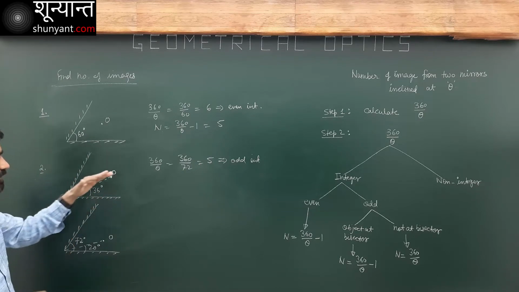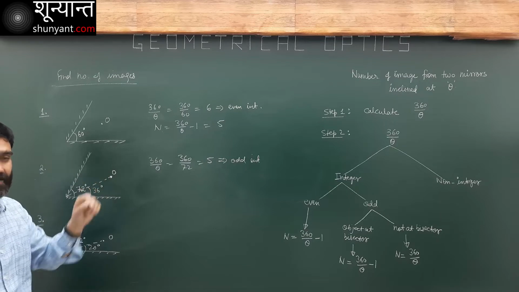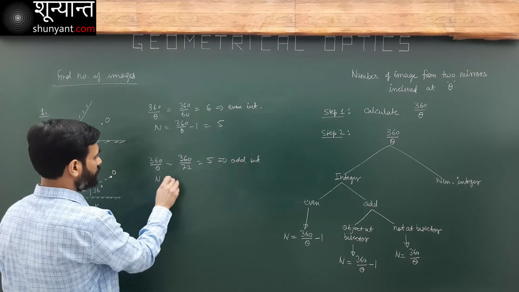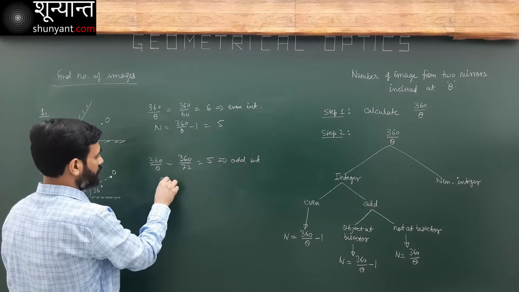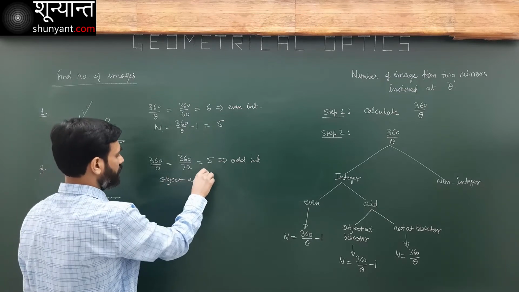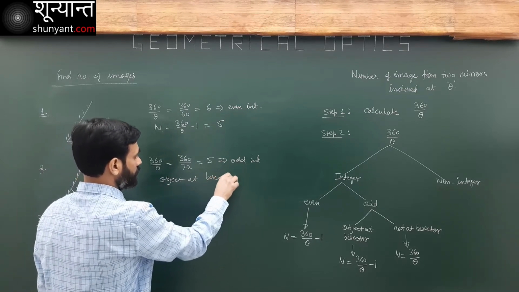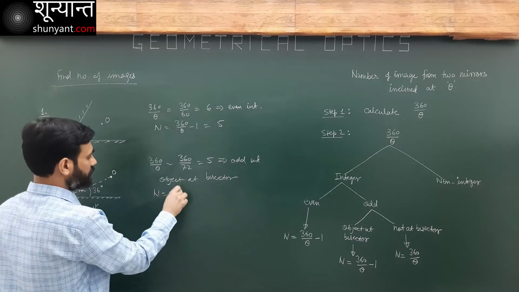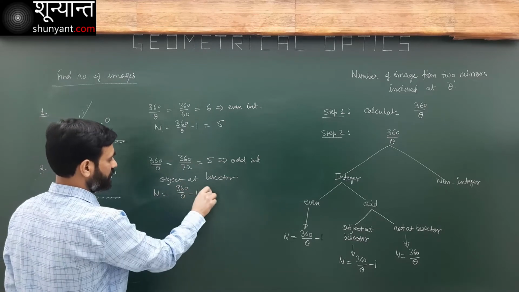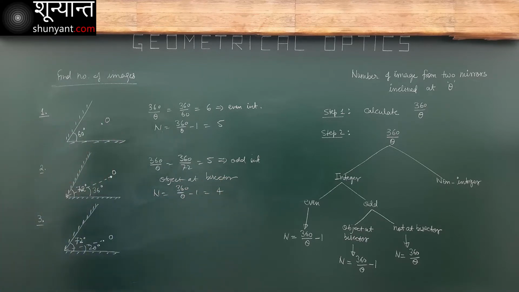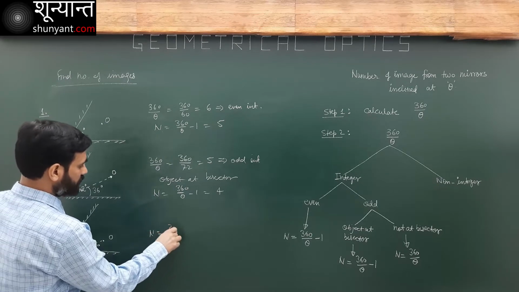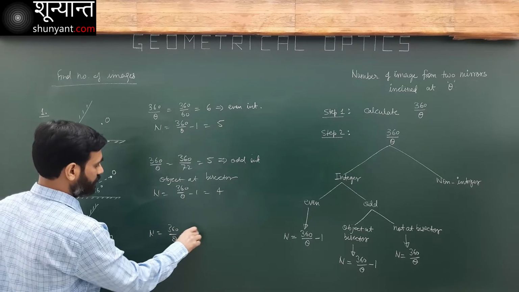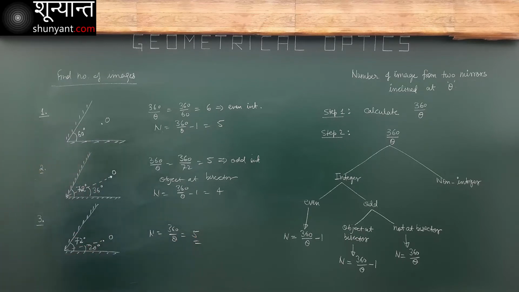So for the object at bisector, the number of images is 360 over theta minus 1, which is 4. I will get 4 images. What about this one? Here it will be 360 over theta, which is 5.